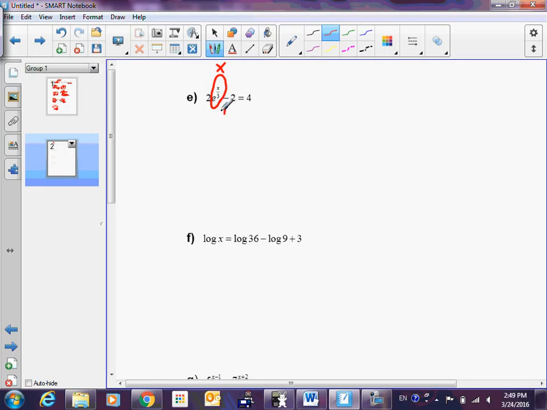Add 2, so that it would cancel with that 2. And whatever you do to one side, you do to the other. And so that right side would be 6. And then again, if this e to the power of had just been an x, what would you do next? Divide by 2.